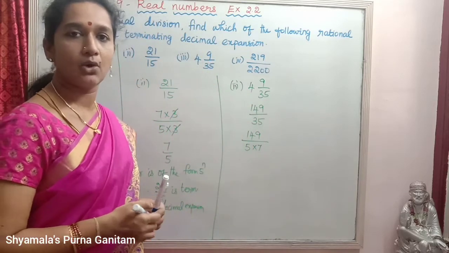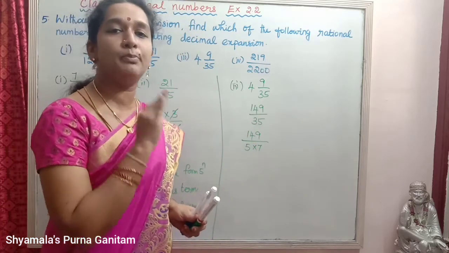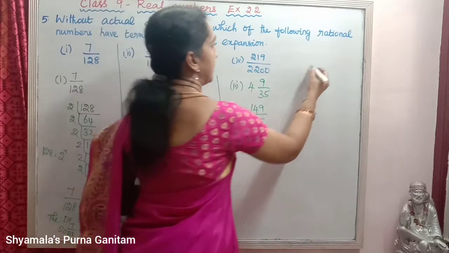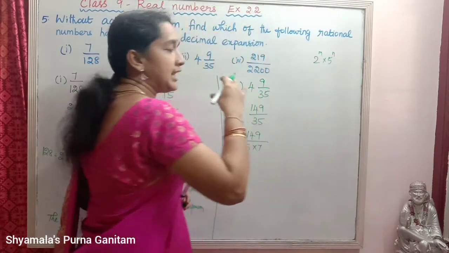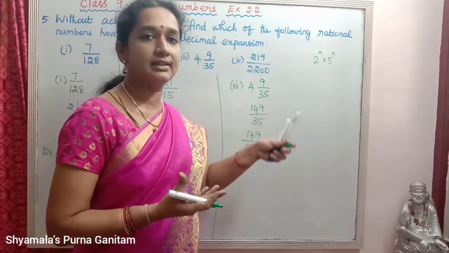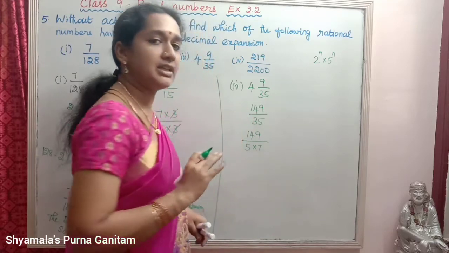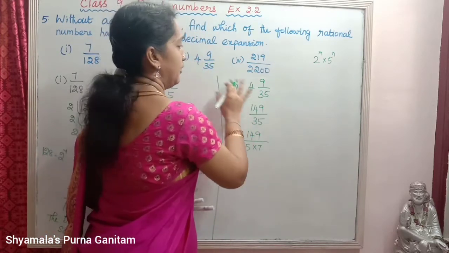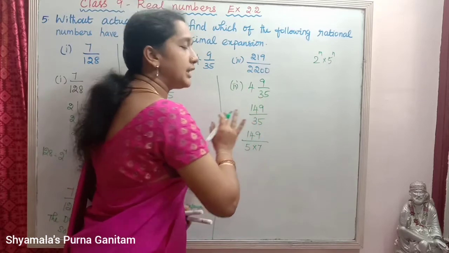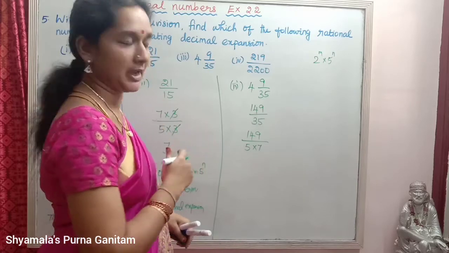I said the denominator should be of the form 2 power m into 5 power n. If we have any extra number other than this, it is non-terminating. Here I have 7 as the extra number, so 149 by 35 is a non-terminating decimal expansion.